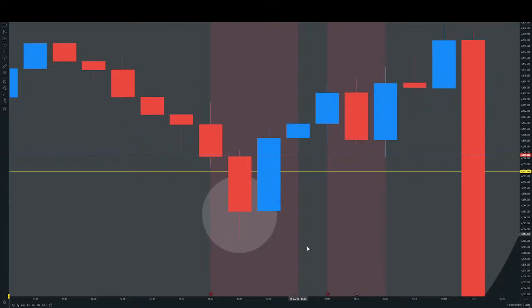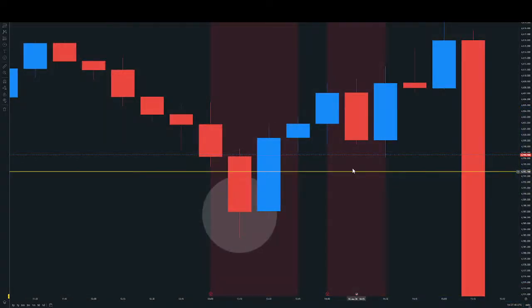Let me delete this out. I don't need this. Now, this is a pullback and we have a fair value gap somewhere. In a smaller time frame, that's where you have a better picture of it.